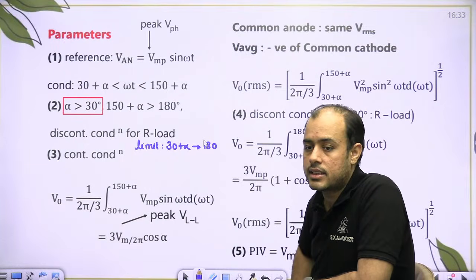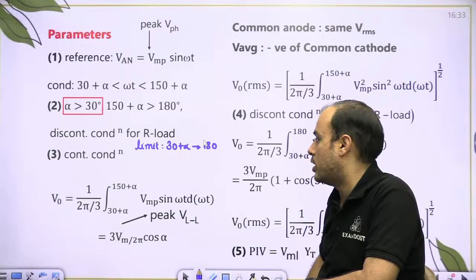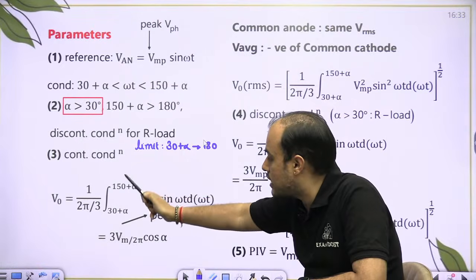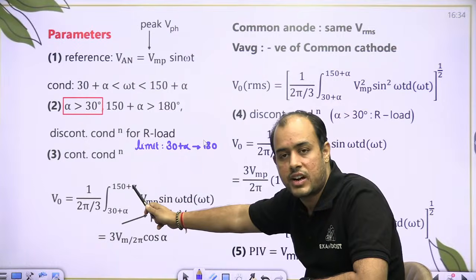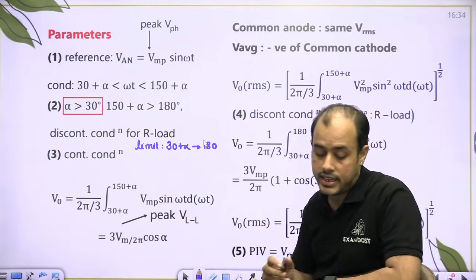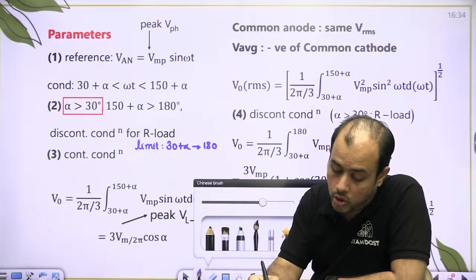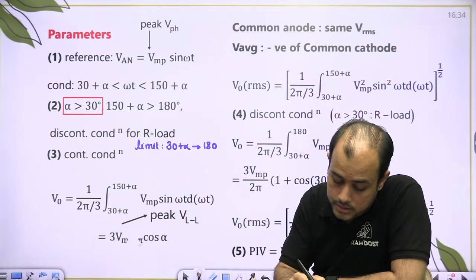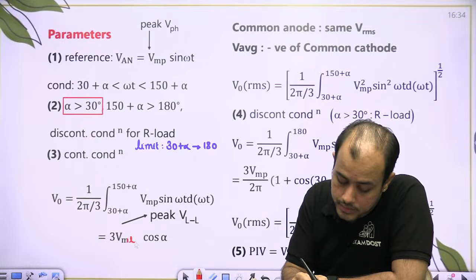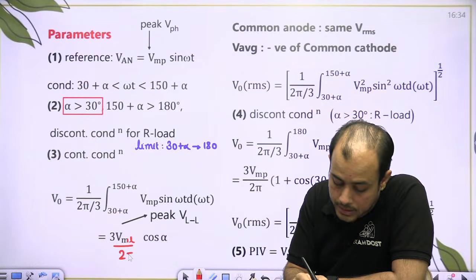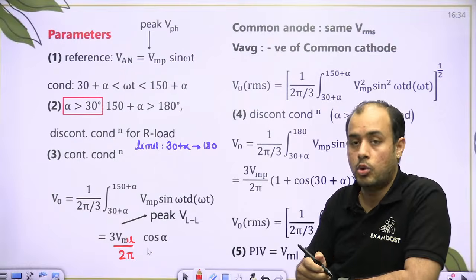For alpha less than 30, for resistive load it is continuous. So continuous conduction you will integrate from 30 plus alpha to 150 plus alpha. Okay. So you get 3 VML by 2 pi cos alpha. VML is the peak line voltage.